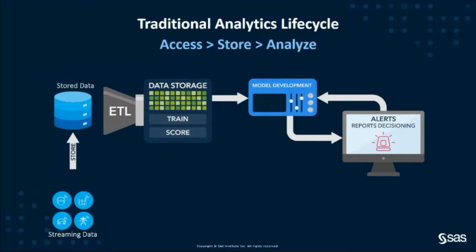This is the traditional way, keeping everything stored in databases or some storage and then working on it. Because of this, we have latency in action, and delayed action is like having no action. So it's important that we perform the action in real time, and we analyze the streaming data rather than storing it and then working on it.